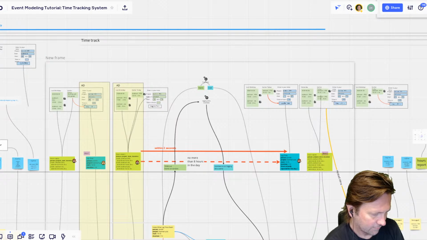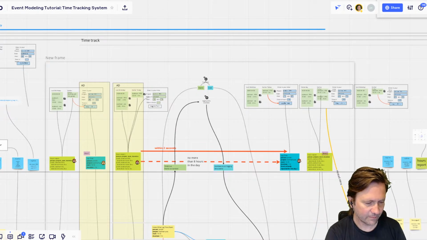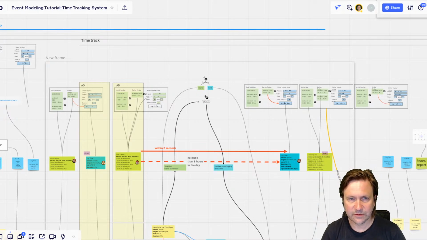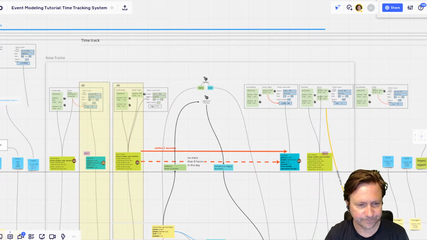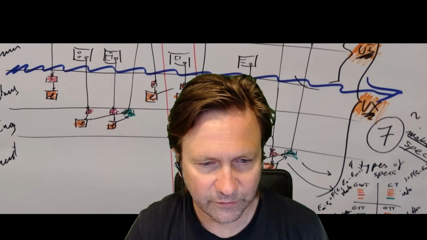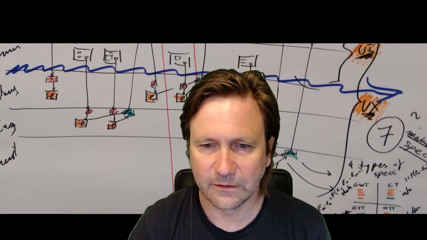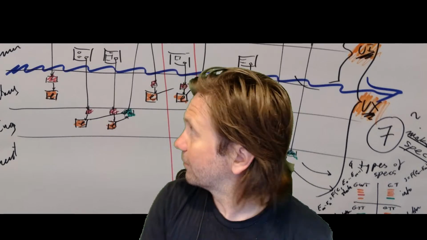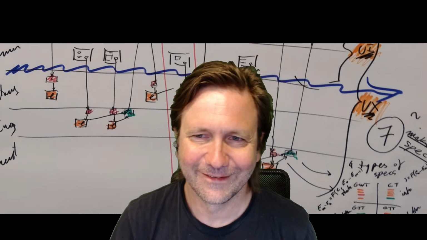And I'll turn my camera on. Okay. So people on Zoom, you can see me now, right? Hopefully. Yep. Okay, good. Probably not a good angle. But that's okay.